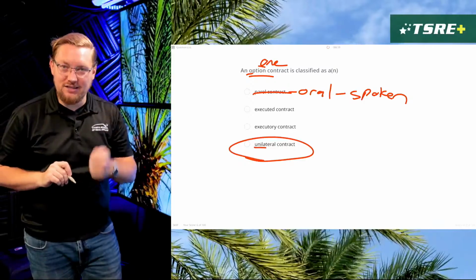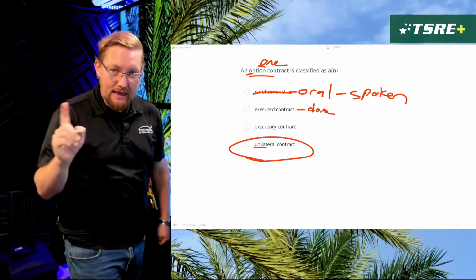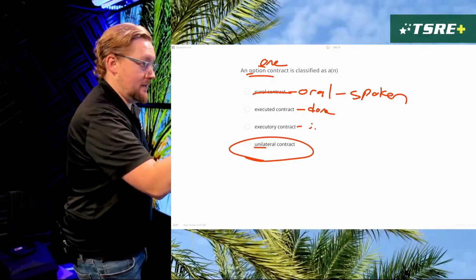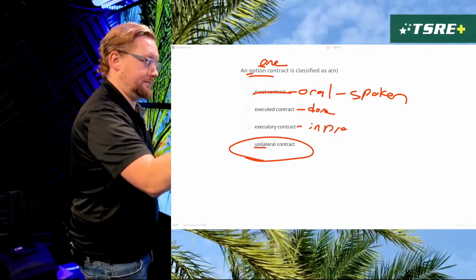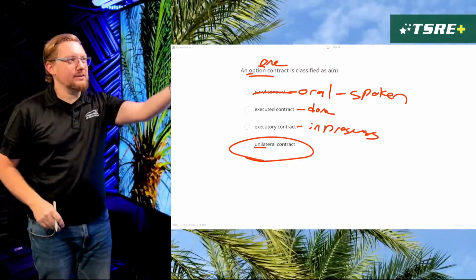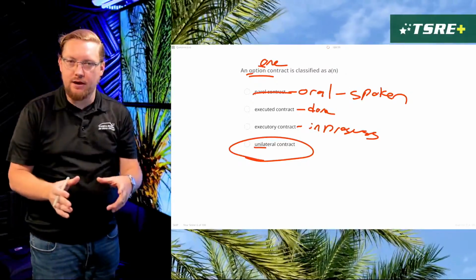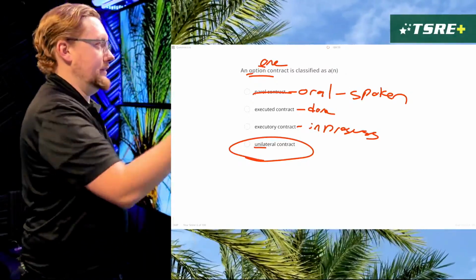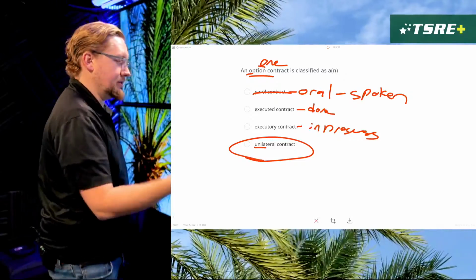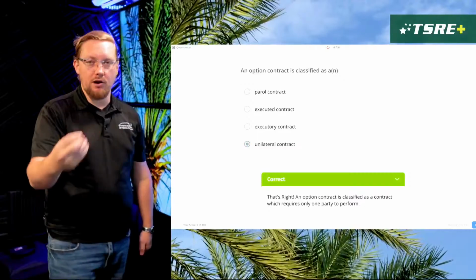Next, we have an executed contract, which means it's done, and the opposite of that is in progress, which is executory. Nothing in the question is talking about the status of the contract as to whether it's done or still in progress. So the one that really explains this the most, even if you're unsure, is unilateral, because it's only one party obligating.